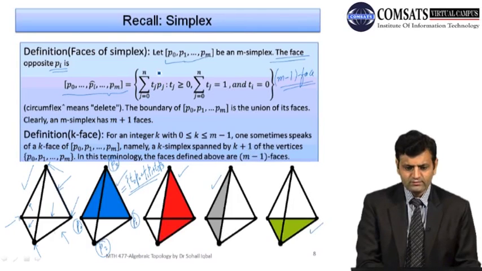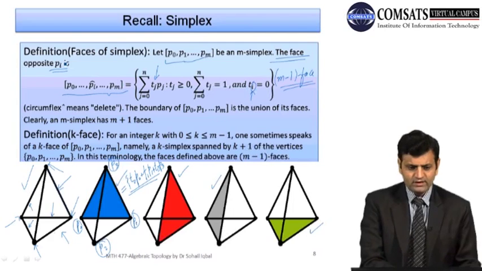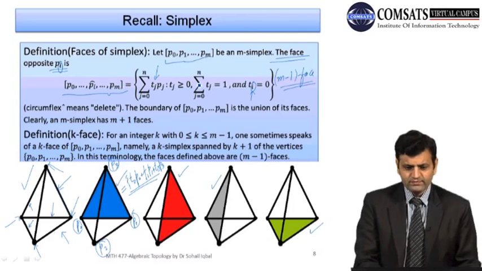This n minus 1 face has points of the form the sum of Tj Pj, j equal to 0 to n, but I'm going to take Ti equal to 0, where this i is the same as the i in Pi. So when I'm taking the elements of the n minus 1 face opposite to the point Pi, I should just take the coefficient of Pi to be equal to 0.